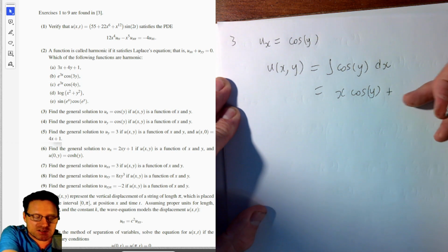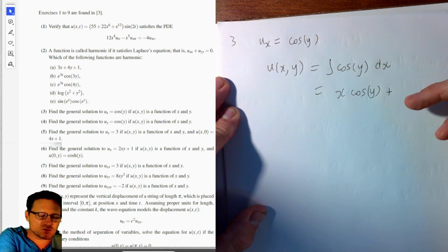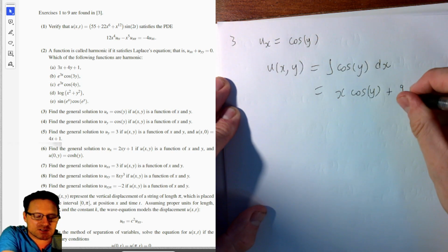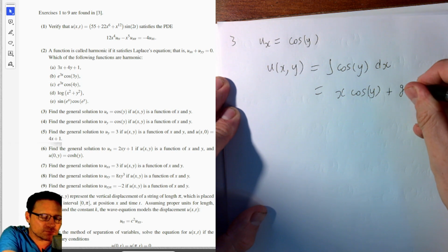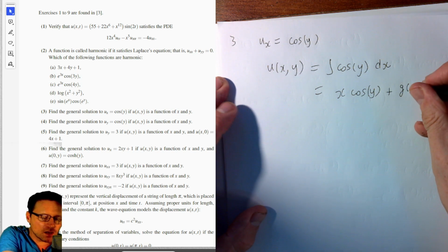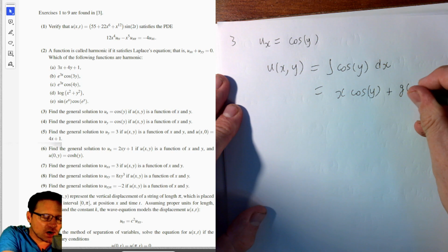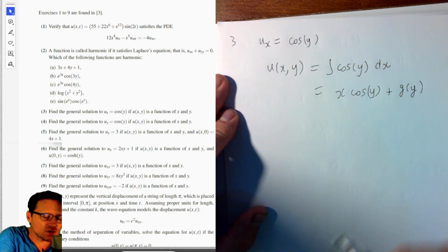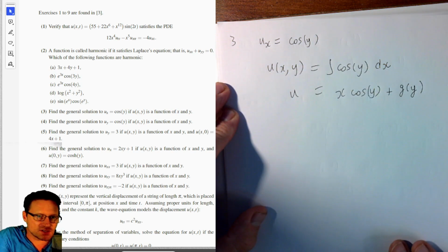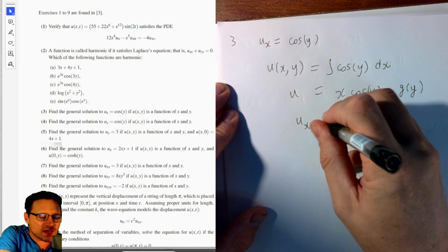Now, it's not plus c here because the most general possibility is a function of the other letter. That is a partial derivative. So a function of the other letter, let's just call it g of y. Okay, and so notice we have this u and we take u_x.